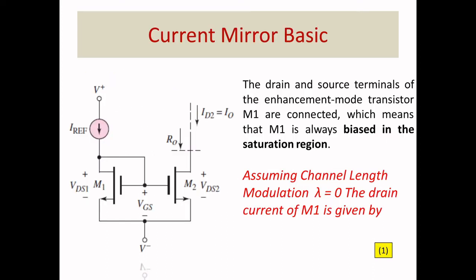This is a normal current source circuit. Here you can see I am giving a supply, and I am providing some constant current. This is your MOSFET element, and this is your another MOSFET element.